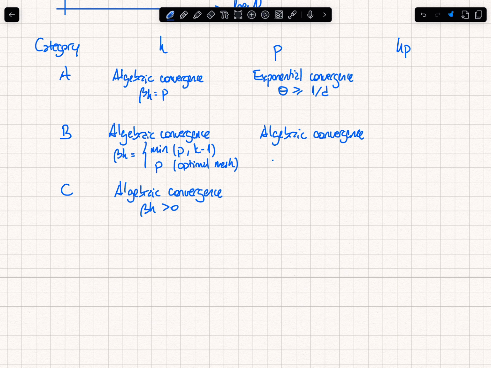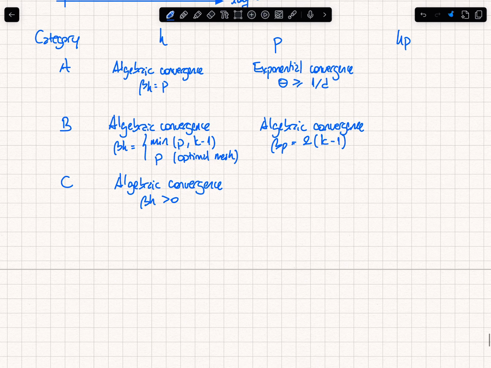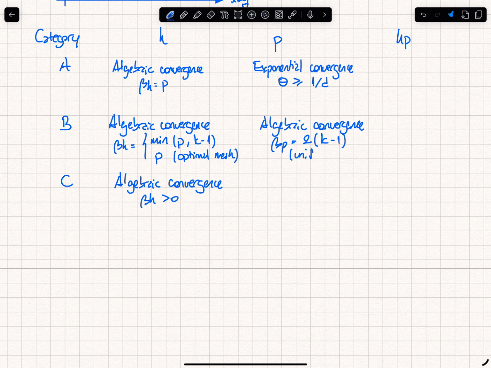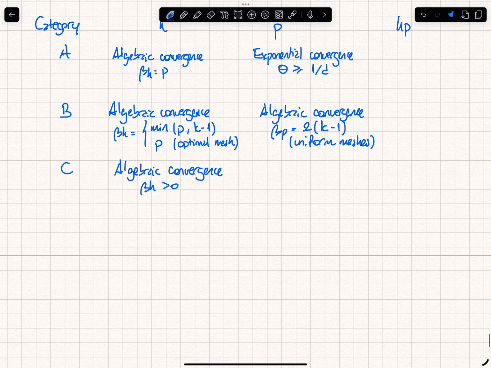And now beta P is also going to be dominated perhaps by the regularity of the solution. This is for uniform meshes. And then for C also gives algebraic convergence. Beta P is greater than 0.